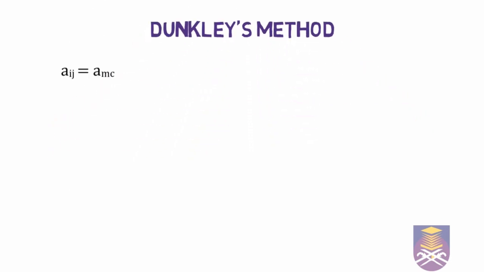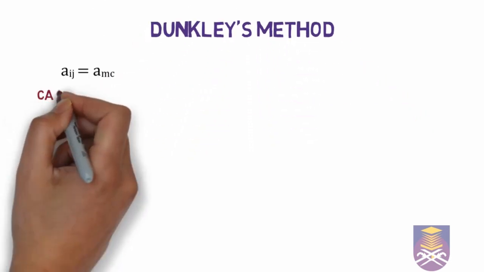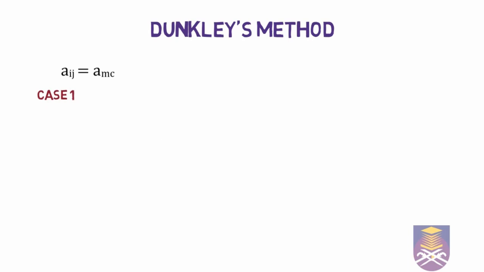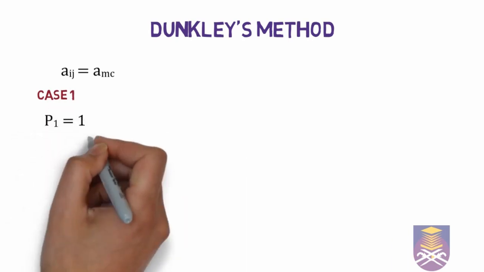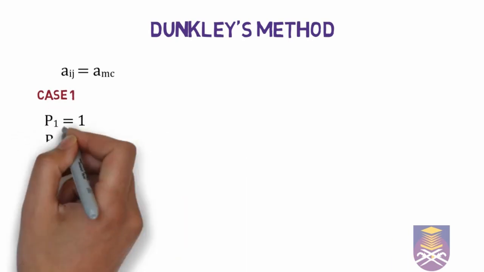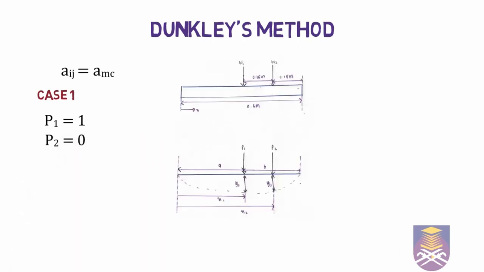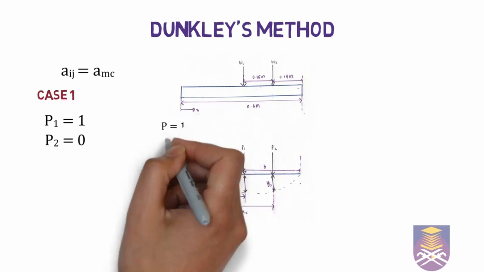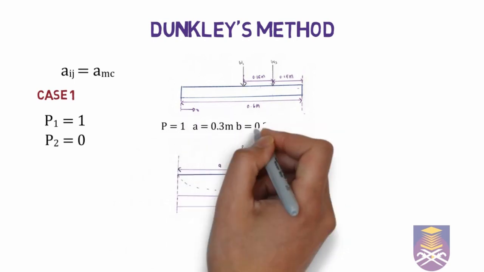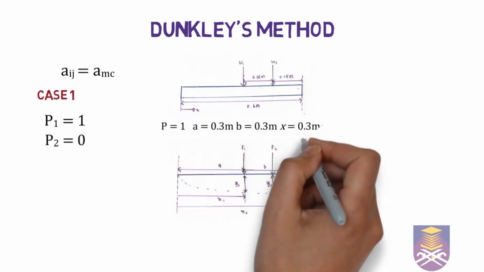Since there are 2 discs or masses, there will be 2 cases. For case 1, the value of P1 is assumed as 1, while P2 is 0. So P equals 1, A 0.3, B 0.3, and X also 0.3.